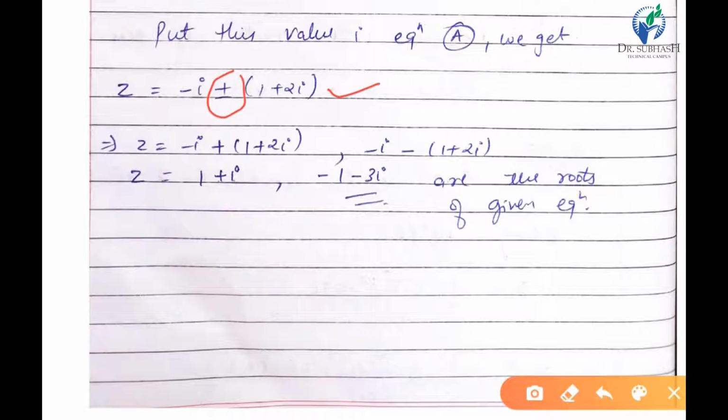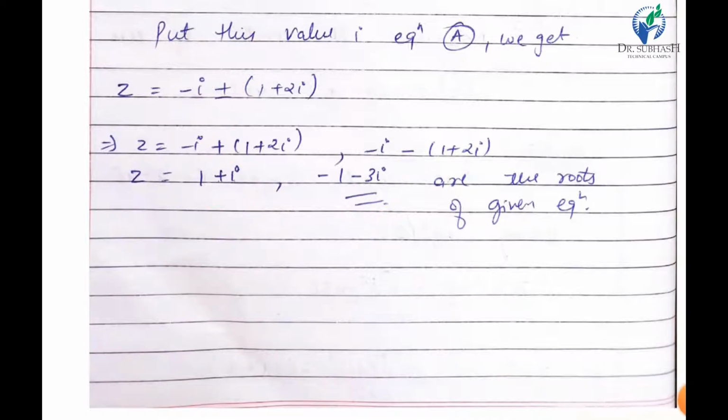So one time we will take plus sign and the other time we will take minus sign. First we will take plus sign and simplify this. We get z equal to 1 plus i. On taking minus sign, we get minus 1 minus 3i. So these are the two roots of the given quadratic equation.